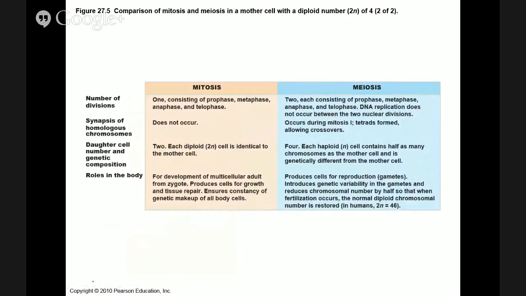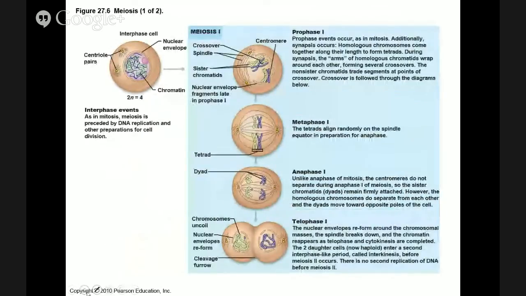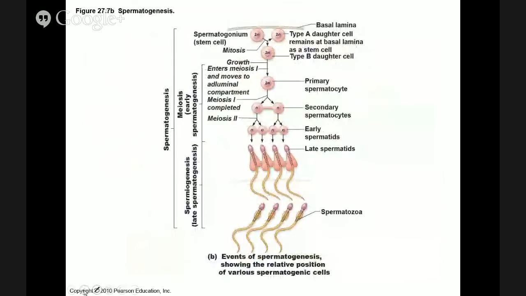So what we're going to see in the sperm cells, and we're going to see a slightly different version of this in the females, is that we start off with a parent cell here. This is called the spermatogonium. It's the stem cell.